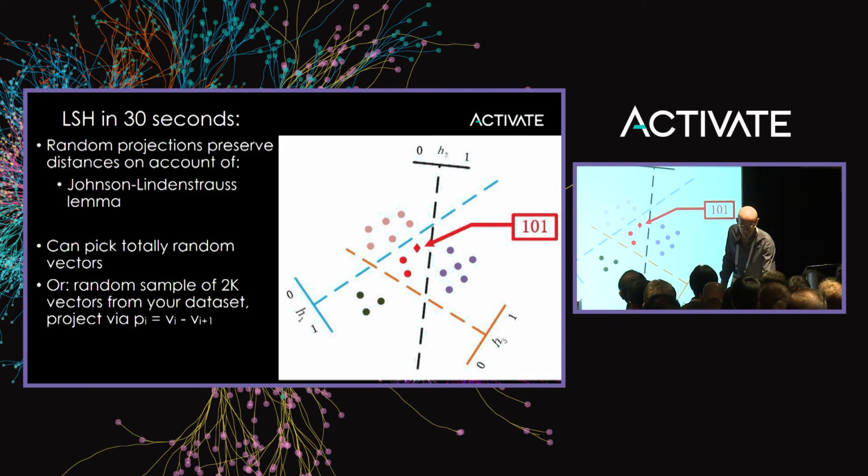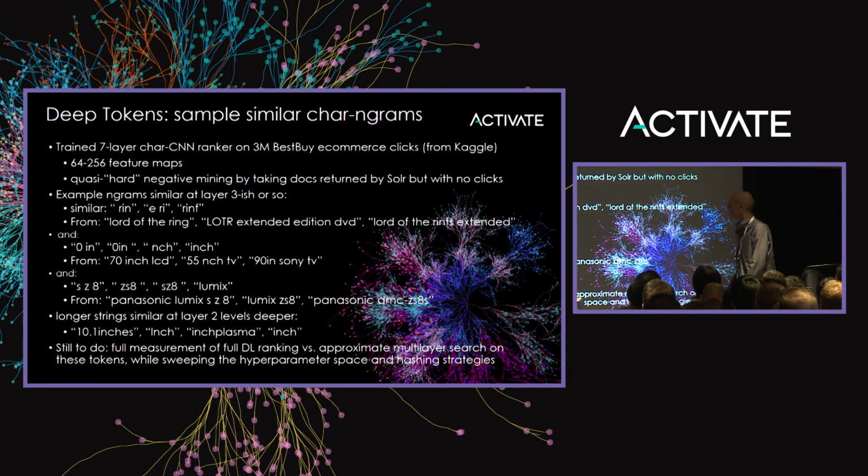OK, well, let's just say that I have seen some experiments where you can actually see some pretty interesting things that map to the same hash codes in ways that you wouldn't have expected and you wouldn't get from normal tokenization. So I don't know if this stuff is perfect, but for example, you see queries where people are doing searches for Lord of the Rings extended. And we actually found that a 4-character input fed to the same thing that you got from space R I N and E space R I, because they all kind of occurred in Lord of the Rings.